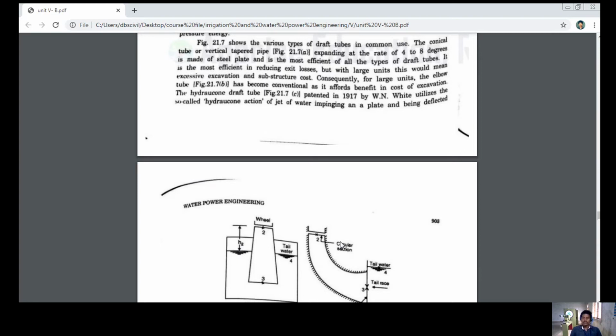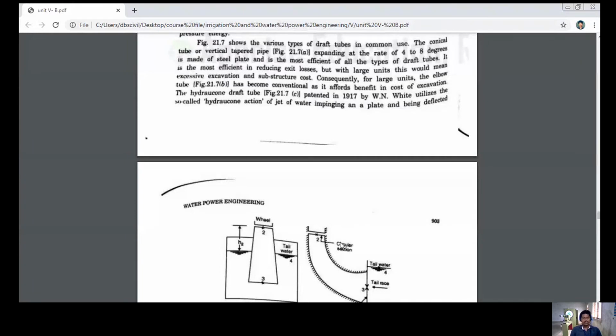But with large units, it means heavy excavation and substructure. Consequently, for large units, the elbow tube, the next one, has become conventional as it affords a benefit in cost of excavation.